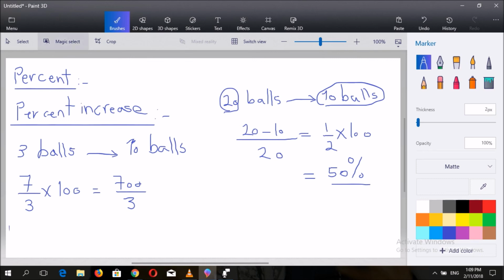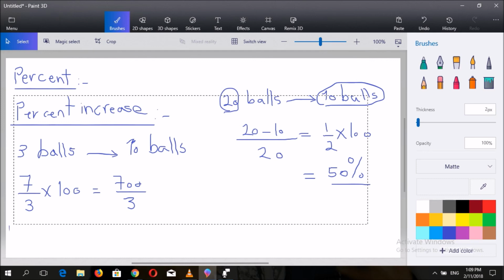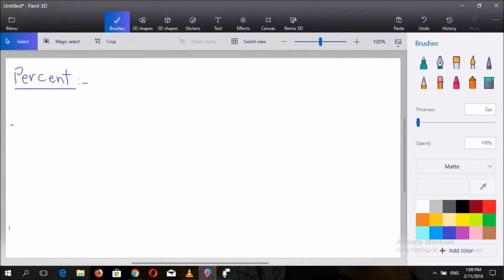Sometimes you should expect yourself to face a question that asks you to calculate the percentage change or the percent increase. So we are going to talk about percent increase or percent decrease. What do we mean by percent increase first?